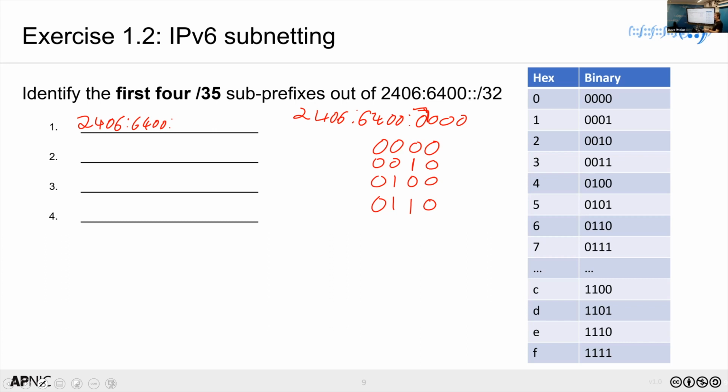$24.06. Hang on a second. Remember, the zero is still significant, right? Zero is still significant. We use that. So my first /35 isn't going to be 2000.